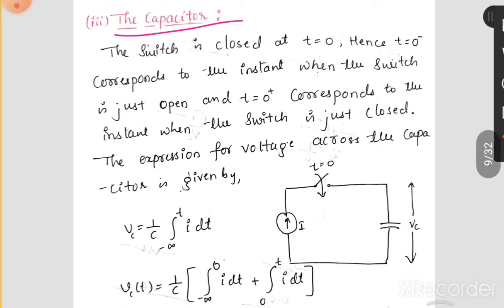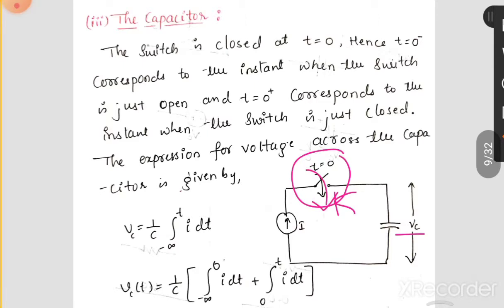Now we will take a capacitor. We will consider the circuit which consists of a current source with the capacitor, where VC is the voltage across the capacitor, and the switch K. In this case switch K is going to close at t equal to 0.